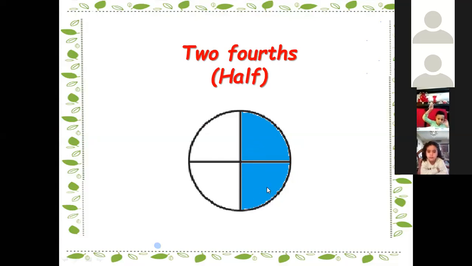It means we colored 2/4. And by the way, guys, 2/4 makes the half. Right now we colored the half of that shape. So 2/4 means 1/2. We colored 2/4 of that circle, and we colored 1/2 of that circle.